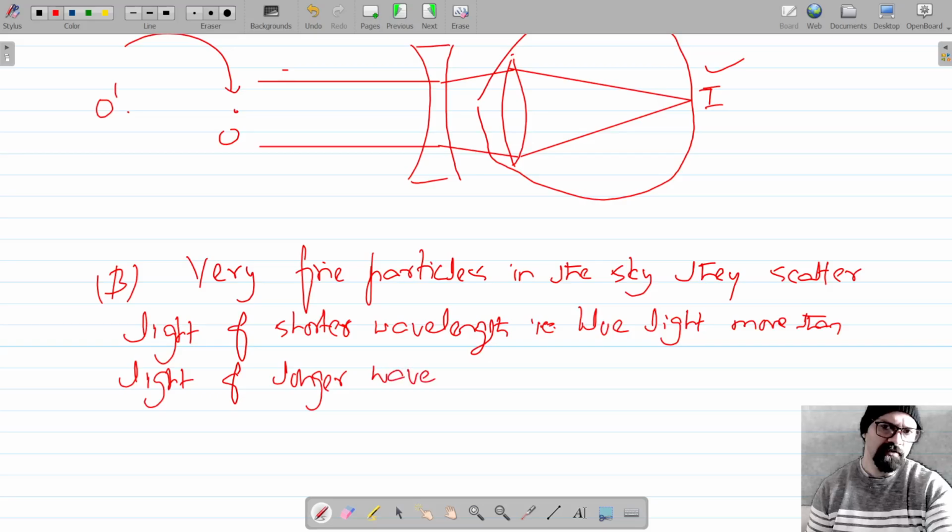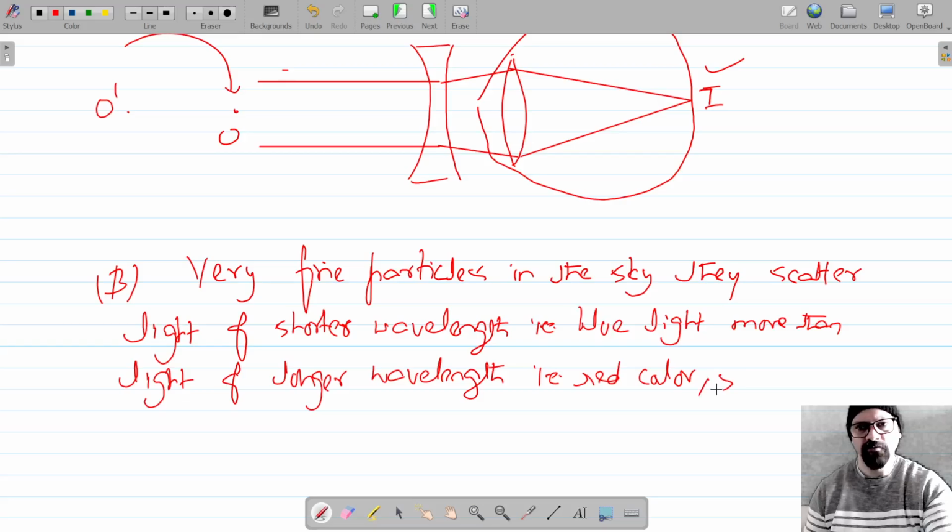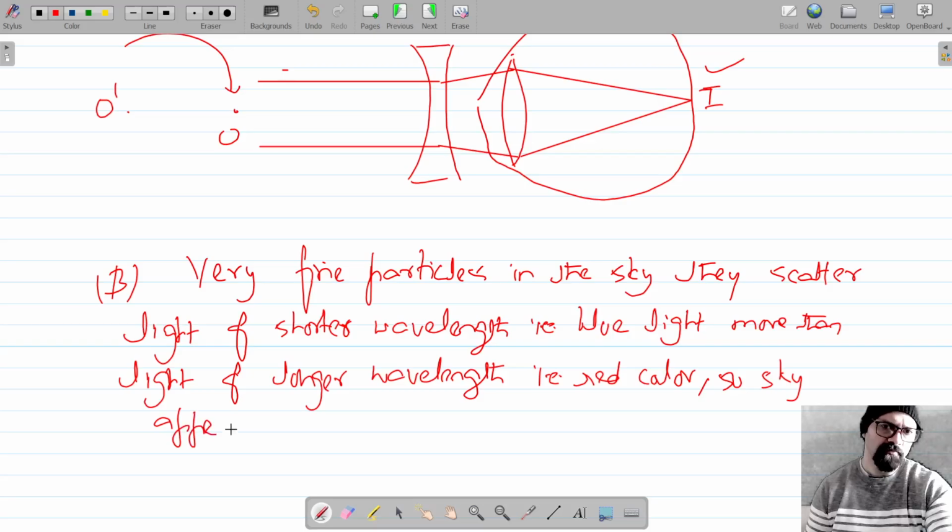So that's why the sky appears blue. This is because of the scattering of light by the very fine particles present in the atmosphere.